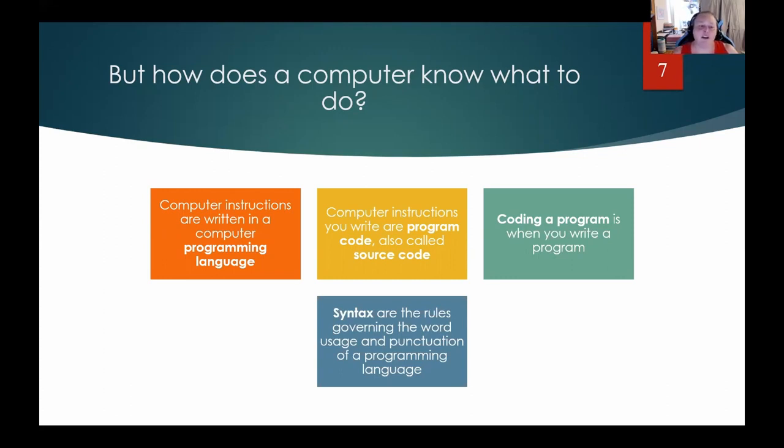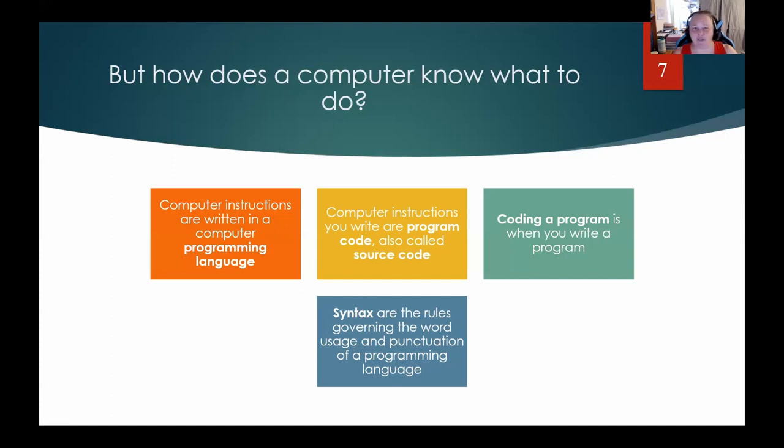When you write these instructions for your computer, you are writing either program code or source code, okay? Eventually, it is going to be translated or compiled into an operating code or a machine code, and we're going to see that in a minute. Last but not least, the word syntax.